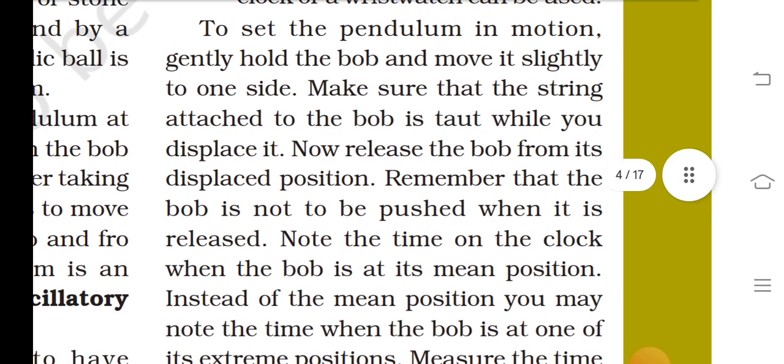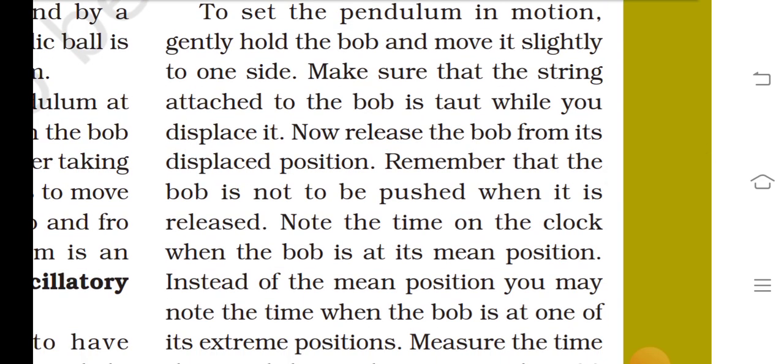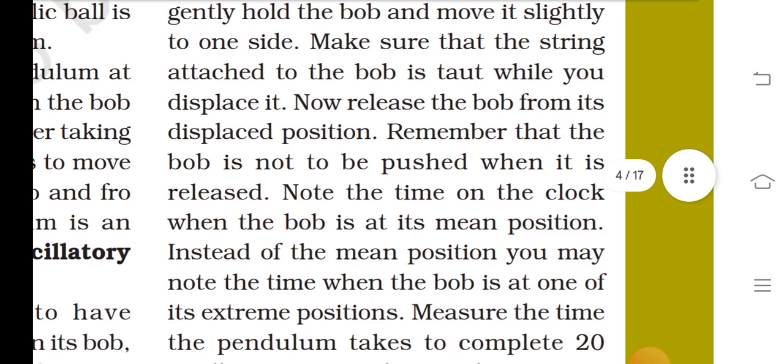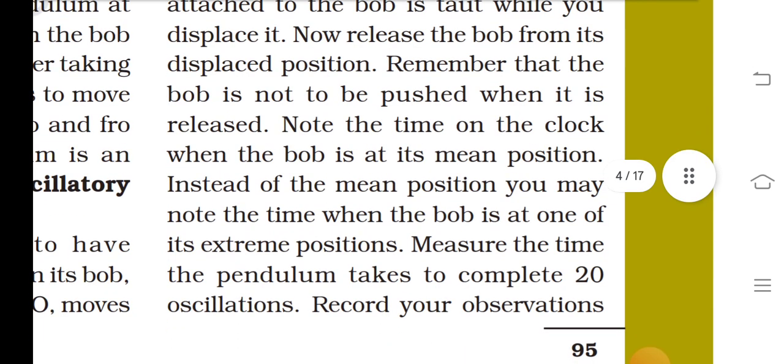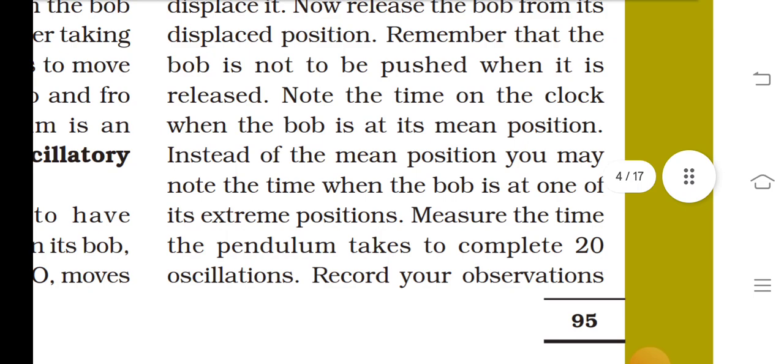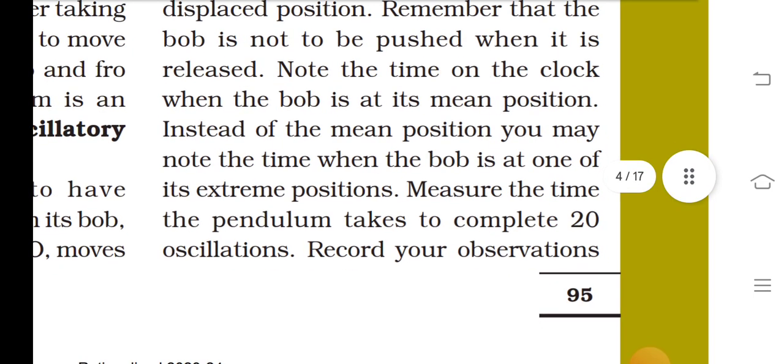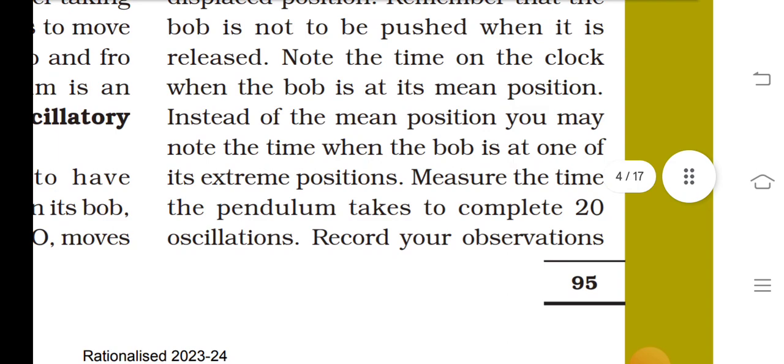To set the pendulum in motion, gently hold the bob and move it slightly to one side. Make sure that the string attached to the bob is taut while you displace it. Now release the bob from its displaced position. Remember that the bob is not to be pushed when it is released.